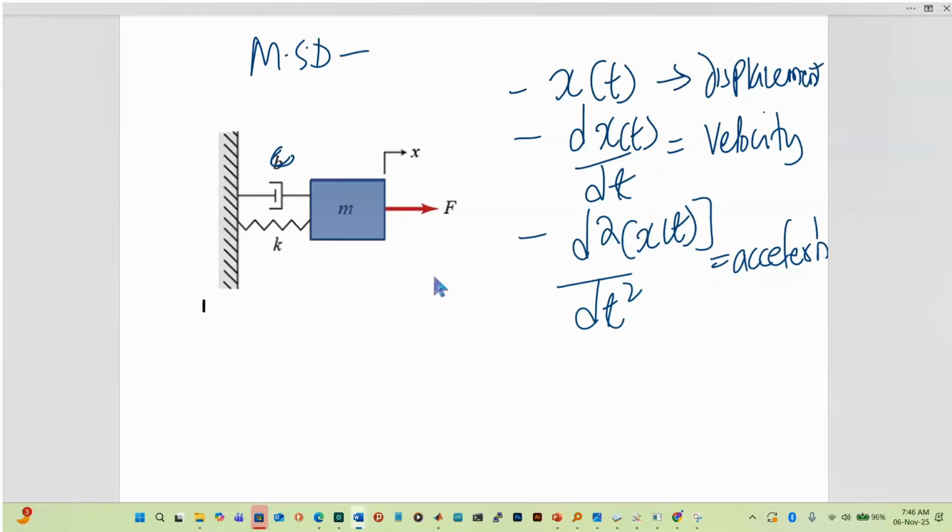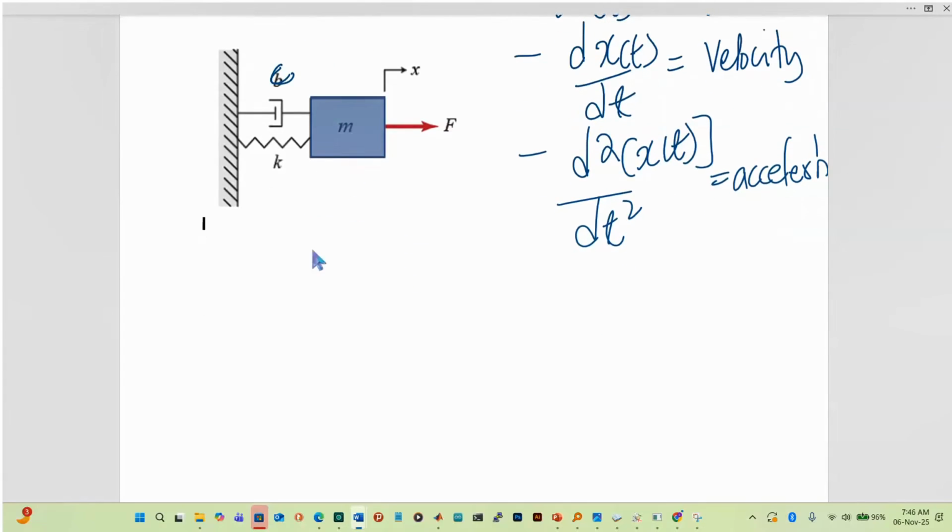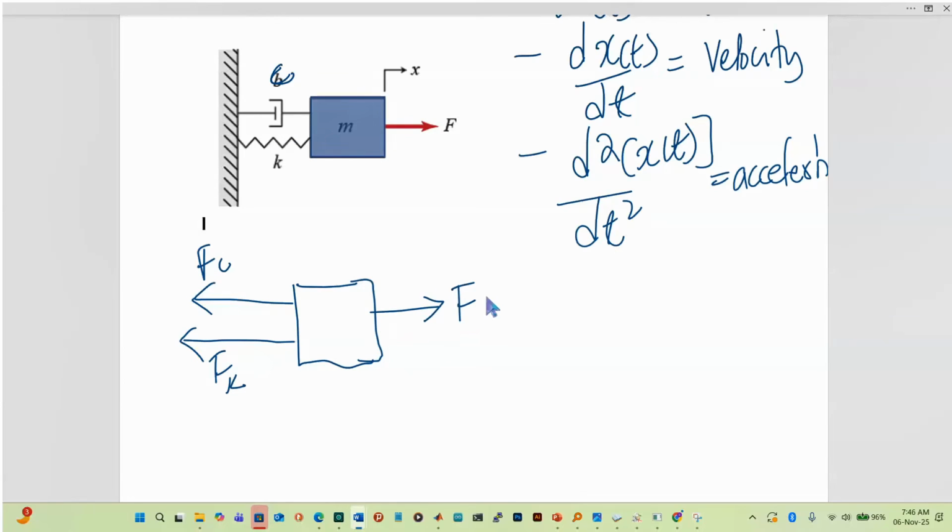So what do we begin with? We shall again redraw the way these forces are going to be realized. We shall have a force due to the damper, let me call it Fc, and then the returning force, let us call it Fk, and then we have our capital F. So what does that mean?